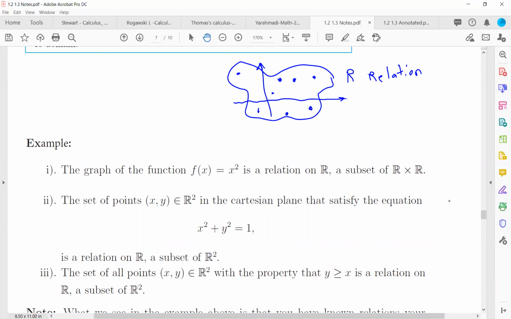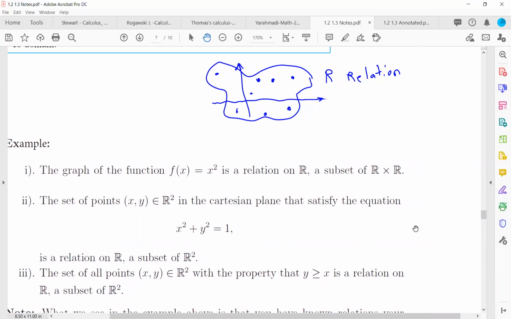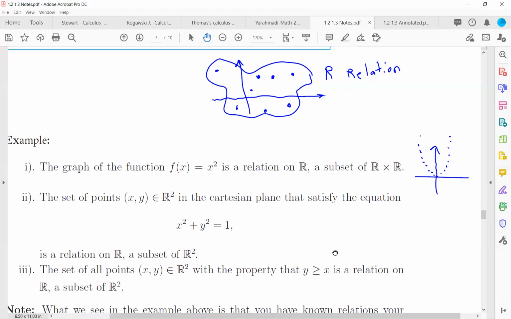Of course, it's some points in XY plane, and definitely it is a relation. Some points which follow the rule x squared. If you take the collection of these points, you have a relation.